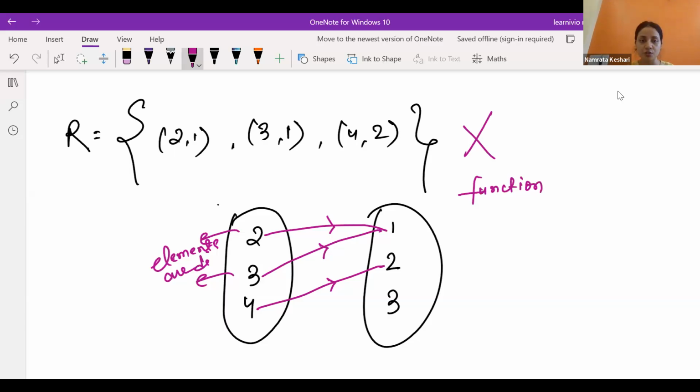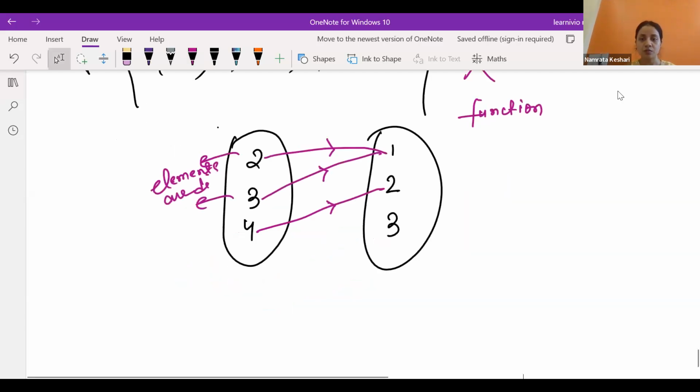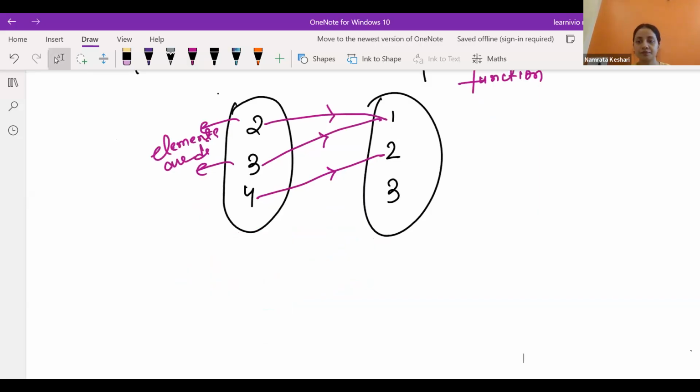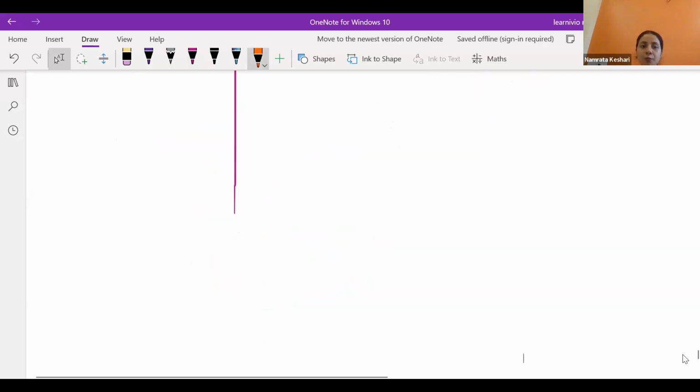Let's see a few more questions. And one more definition is there. If you are having two distinct ordered pairs, 2 comma 1 and 3 comma 1, these are two different ordered pairs, right? Yes, ma'am. Wait, just a moment.